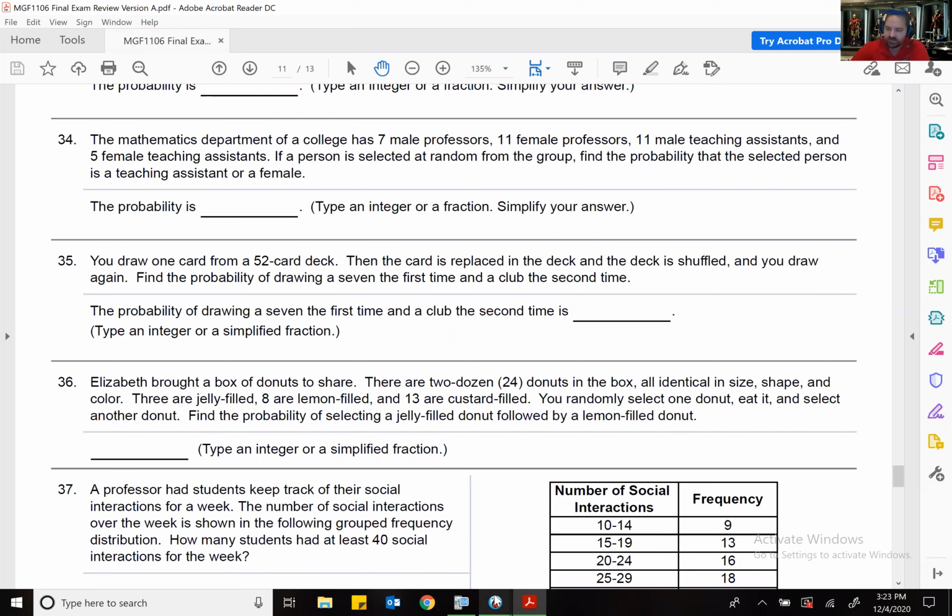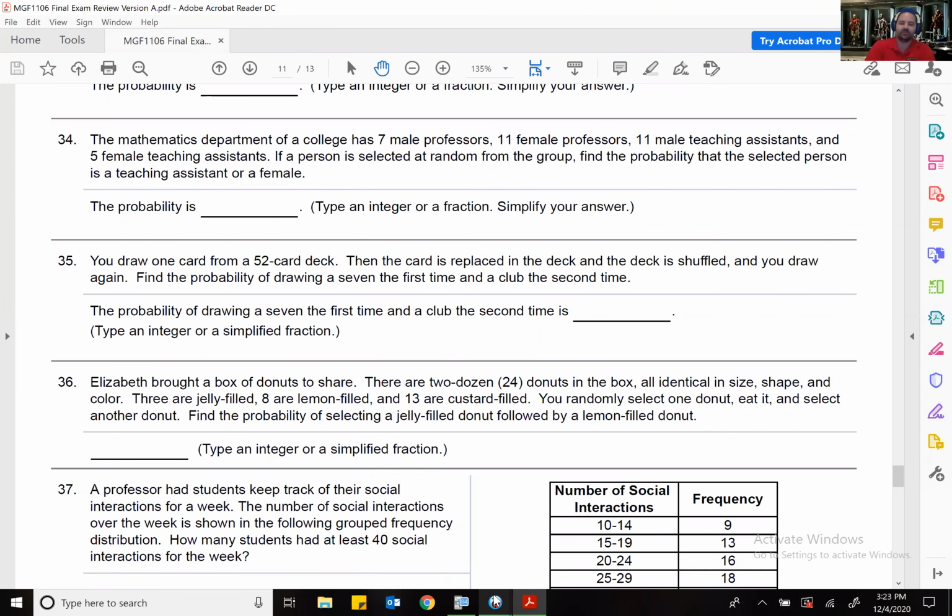So this is an or again. With an or, we want to know whether it is mutually exclusive or not. So the question I lay before you is, can you be a teaching assistant and female at the same time? Yes. In fact, you see it right there, 5 female teaching assistants.